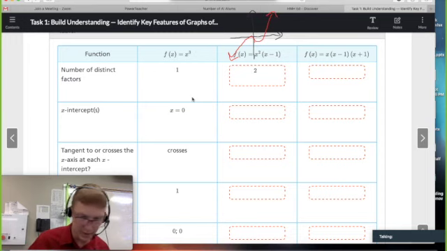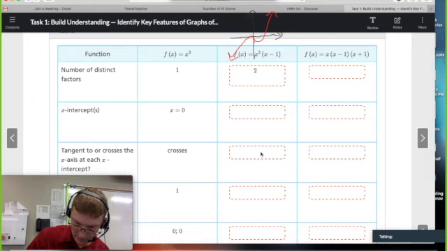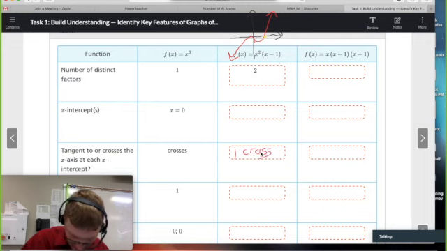Again, use your graphing calculator so you get a better view of that. But from the graph I'm looking at on my calculator, I can tell you that over here there is one cross where it crosses the x-axis. It's going to be kind of right there. So one cross, and there is one tangent. That's kind of right there.